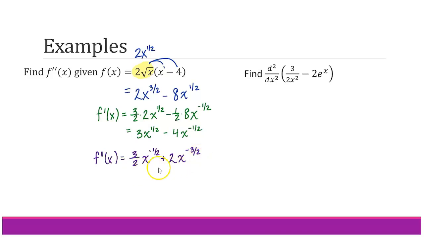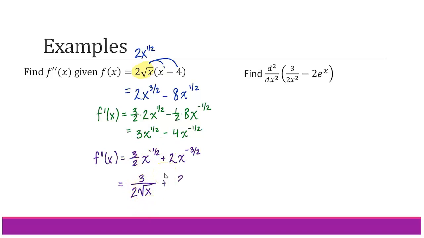Often you'll see the answer left like this, even though it's not simplified, even though I have some negative exponents left. If we wanted to do just a little bit of simplification, or just for practice on seeing an alternate version of the answer, we could see it written as 3 over 2 radical x. So bringing x to the negative 1/2 to the bottom, making it positive and turning it back into a square root.